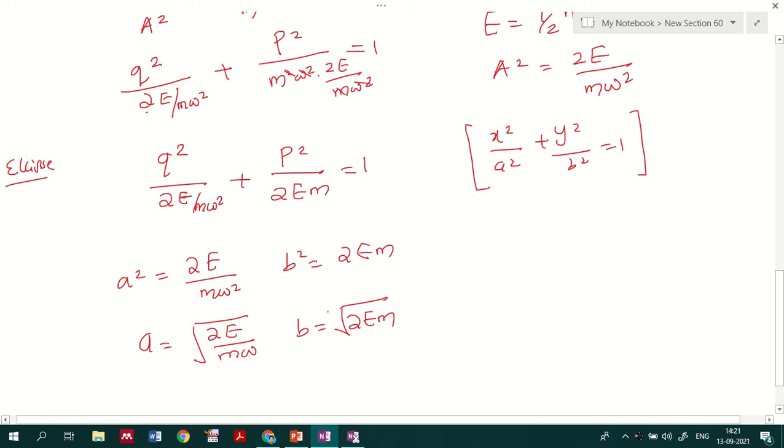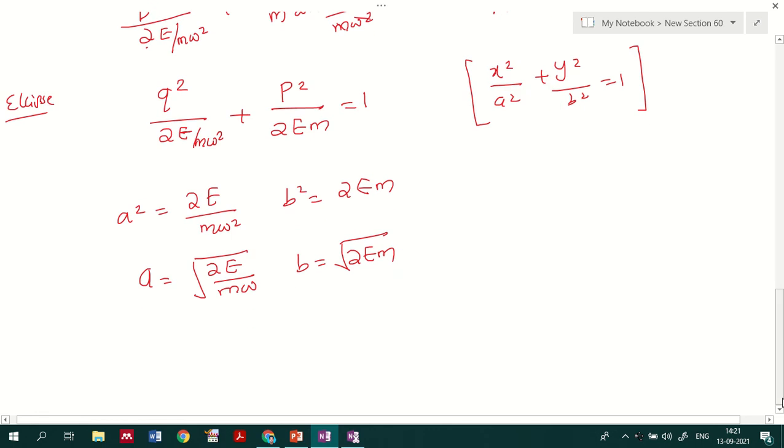And now if I say the axis value is proportional to, in both cases you can understand that whenever you consider a or b, the major or minor axis, it is proportional to root E. So that is what we are getting.